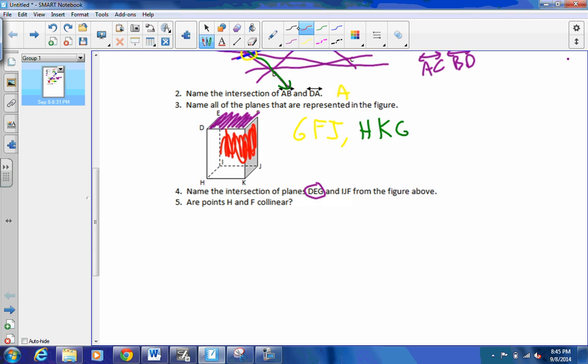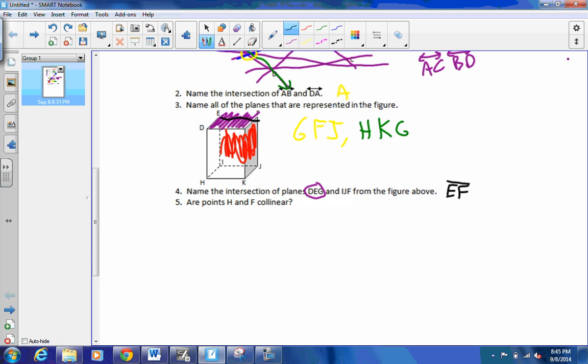If you look, there's that one line they intersect. I have it a little bit covered up, but I believe it is EF. So it would be on line EF. And if we're looking at the box, it would really just be a segment, so you can write segment EF. That would be acceptable as well.